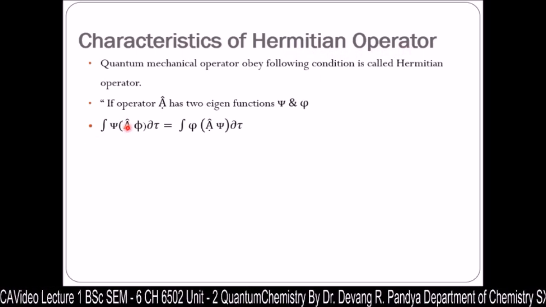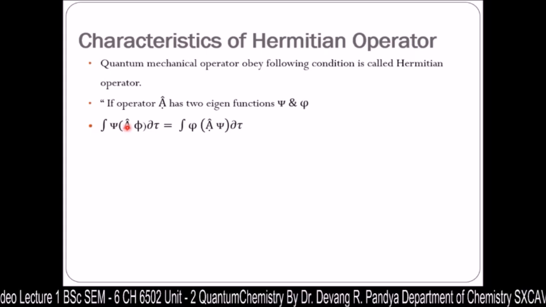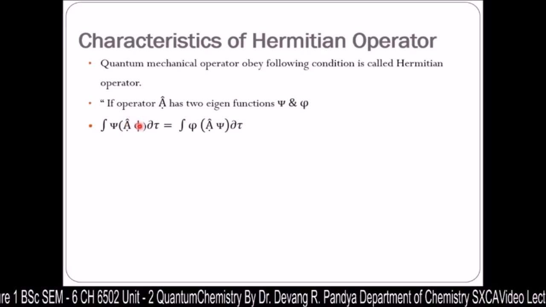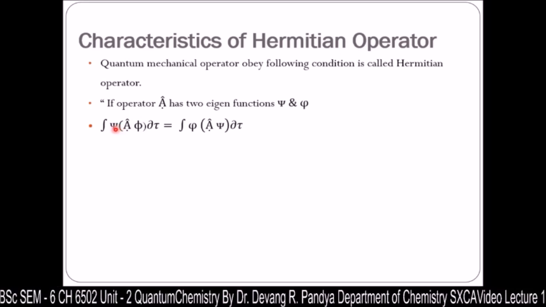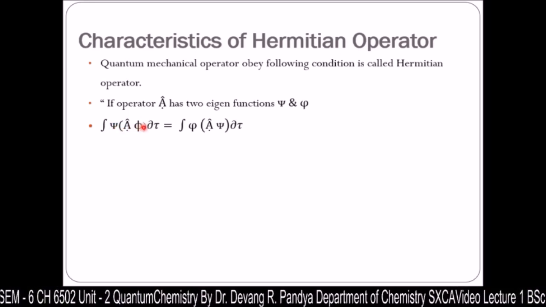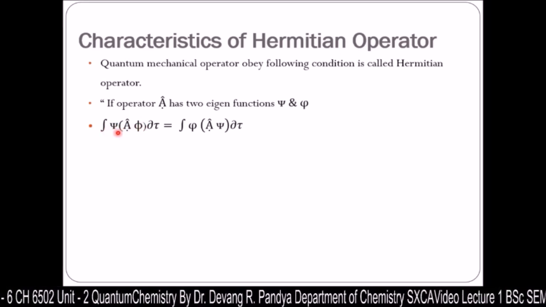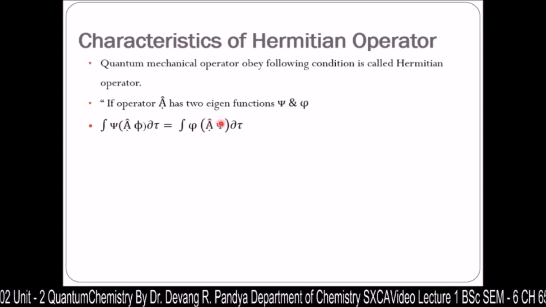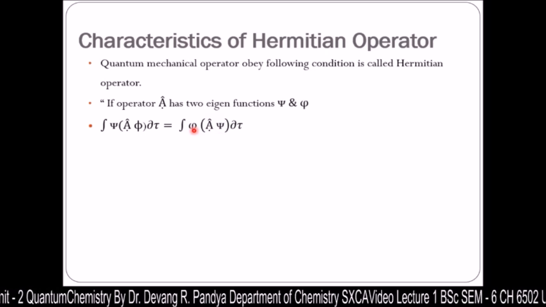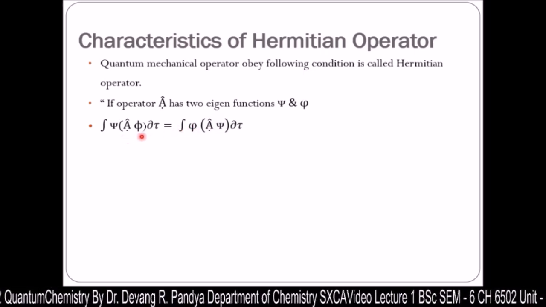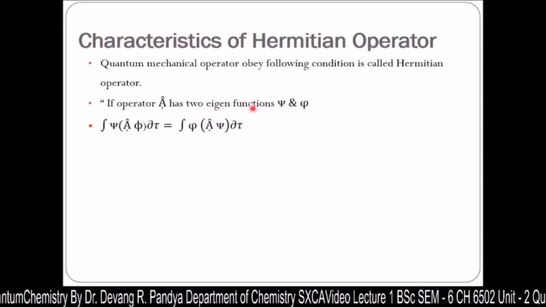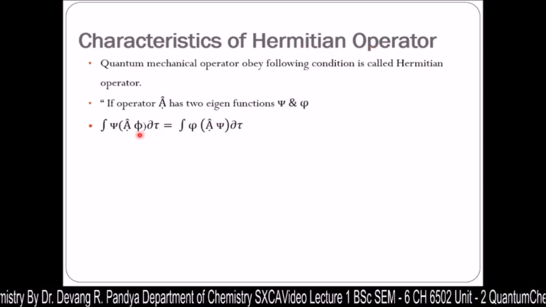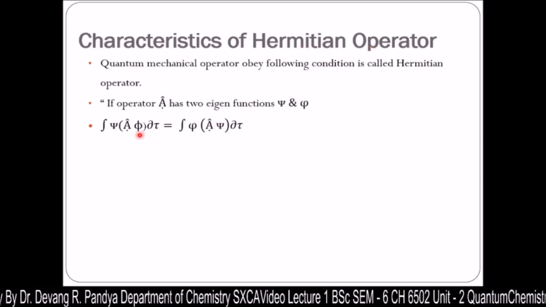One time, the operator operates on function phi and is then multiplied with function psi dτ and integrated. Another time, operator A operates on psi and is then multiplied with phi and integrated. If these two integrals come out equal, it is called a Hermitian operator, also known as the turnover rule.